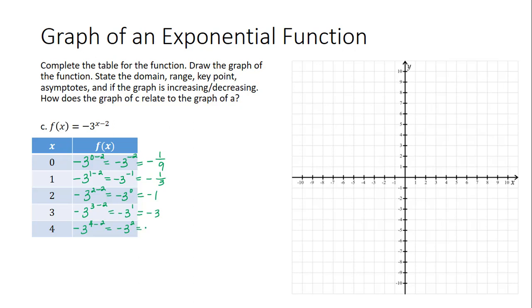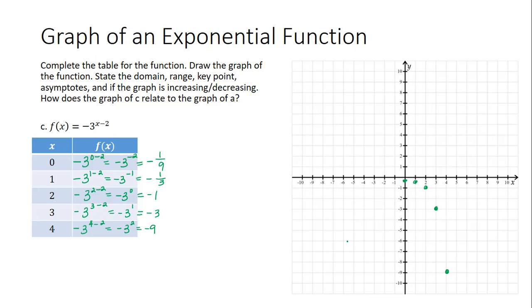So plotting these points, we have 0, negative 1/9; 1, negative 1/3; 2, negative 1; 3, negative 3; and 4, negative 9.